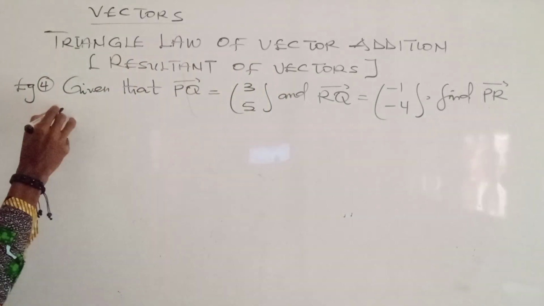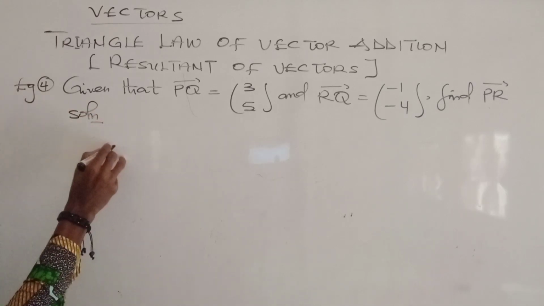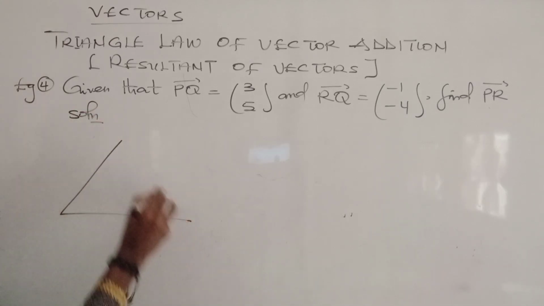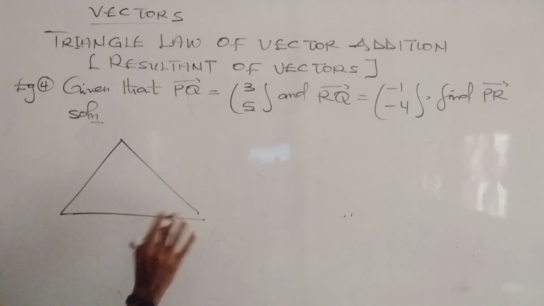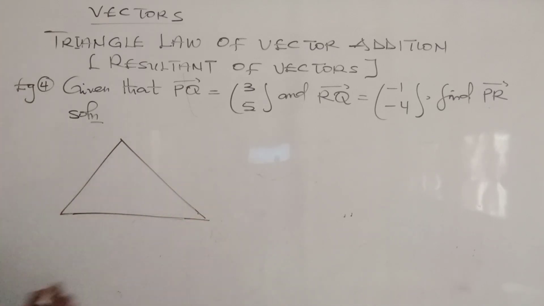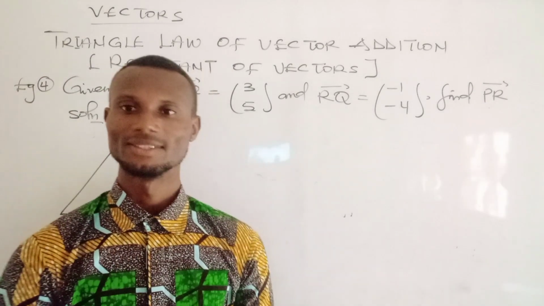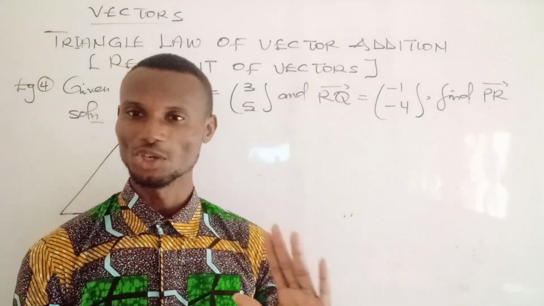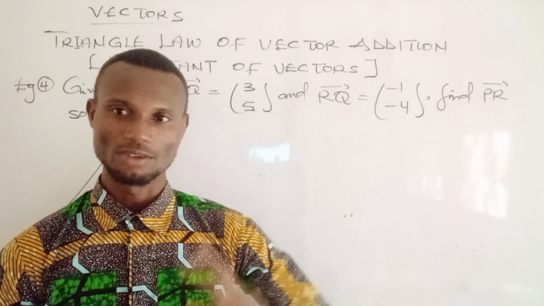So I'm going to write down my solution and let's draw the triangle. Okay, so this is my triangle and I'm going to label it. Don't forget, when labeling it, make sure that the vector that you are being asked to find comes at the base of the triangle.